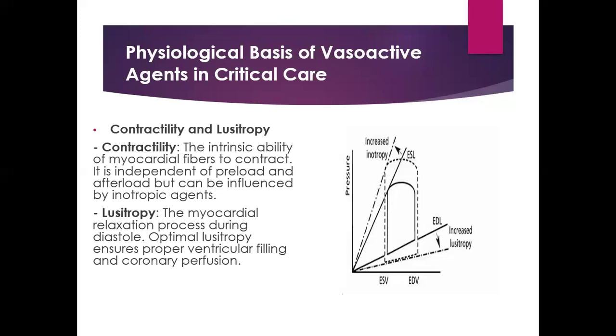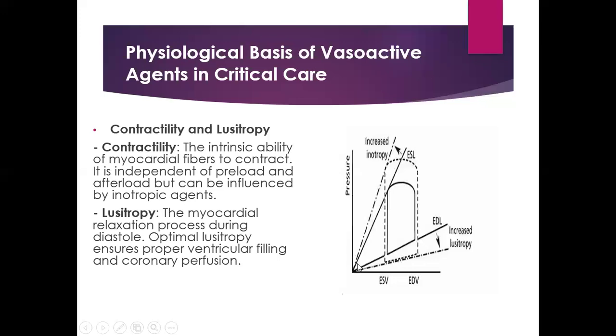So lusitropy is very important as it ensures proper filling of your ventricles and ensures coronary perfusion. This diagram shows us the end diastolic volume. When there's increased relaxation during diastole, we have what we call increased lusitropy.